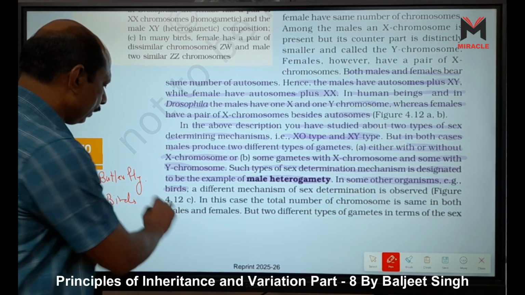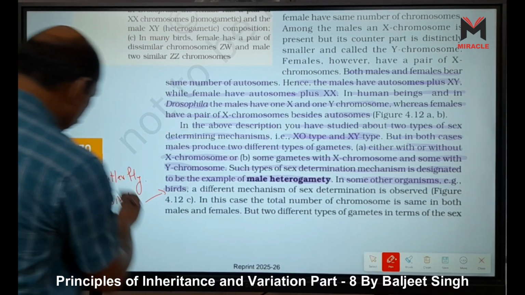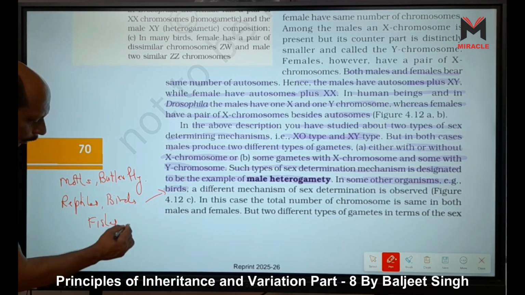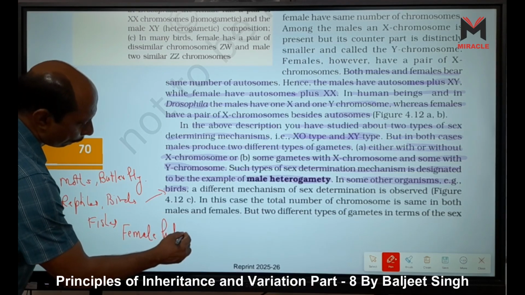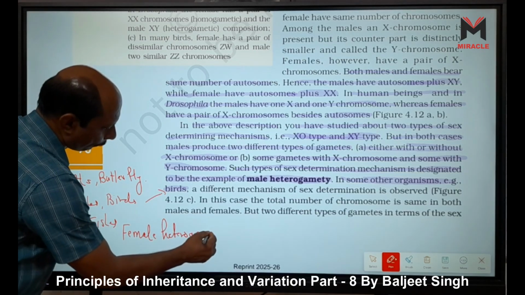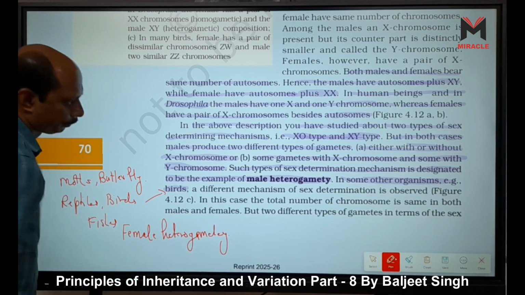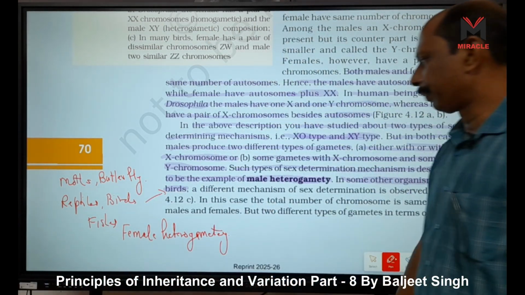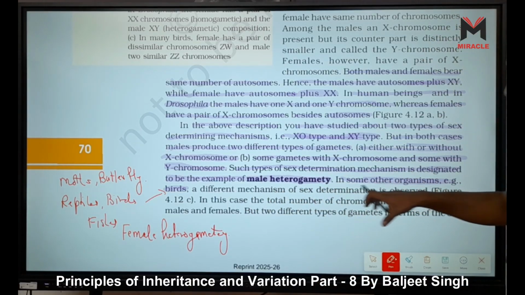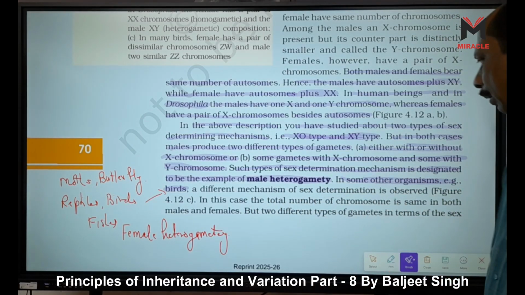These animals show female heterogamety. A different mechanism of sex determination is observed.